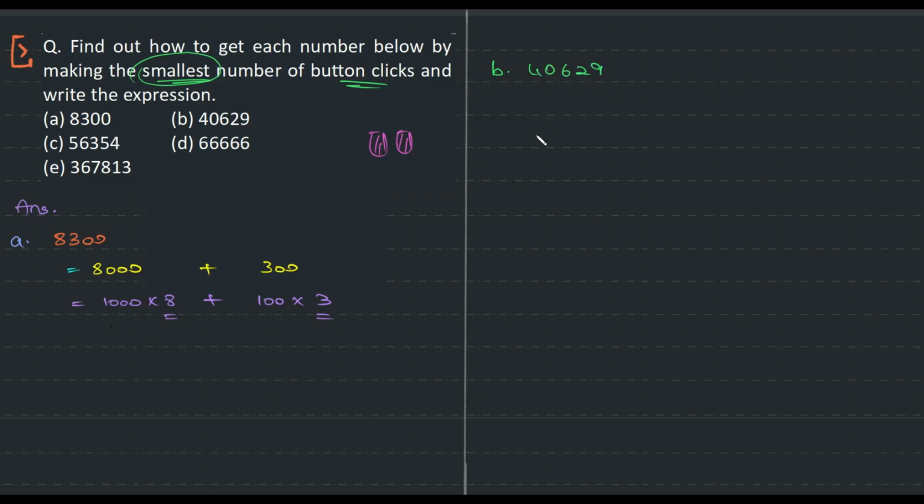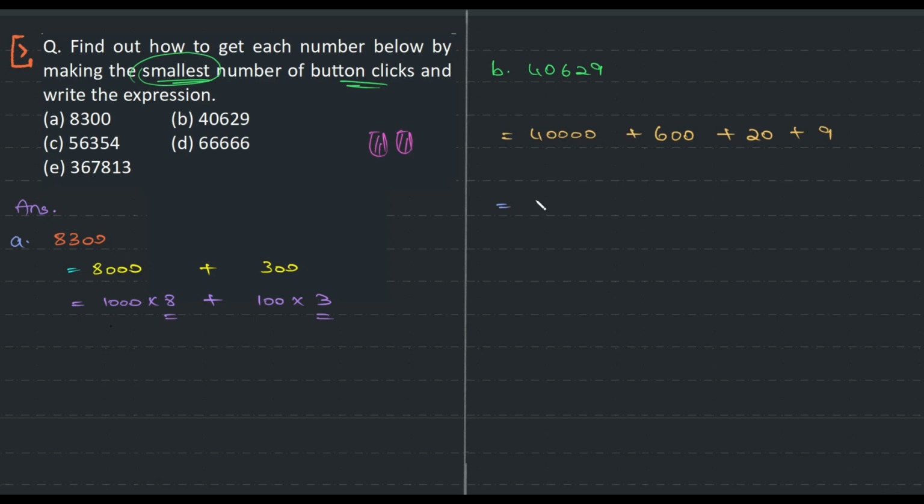40629. So can I write this as 40,000 first thing? I hope you guys have done all of this. 0 is 0, we can ignore that. 629, I can write it as 600, and 29 is left out. I can write it as 20 plus 9. And so how can I write 40,000?